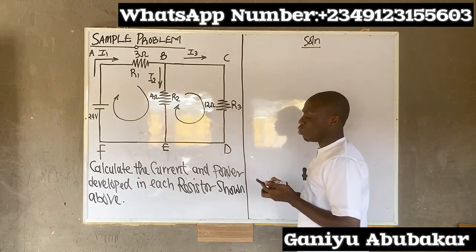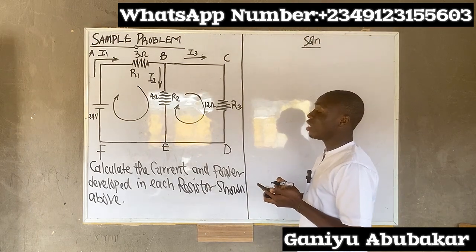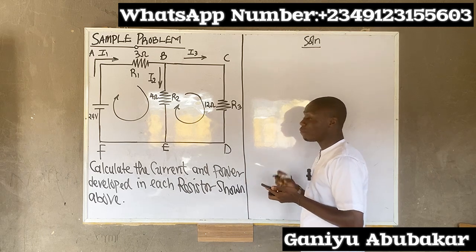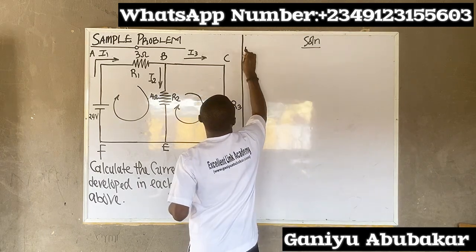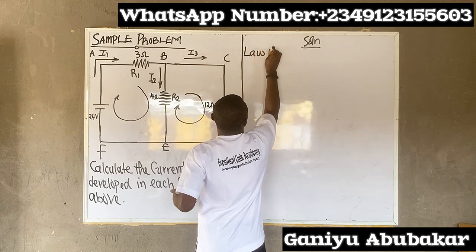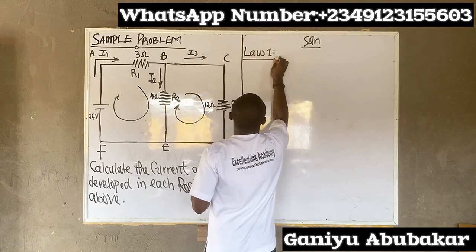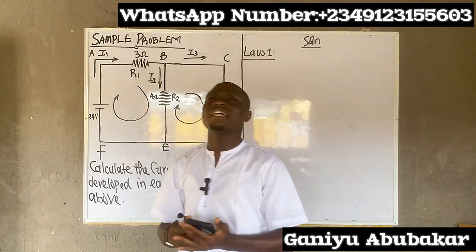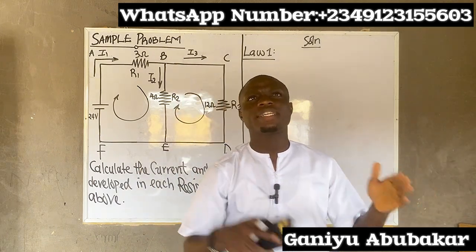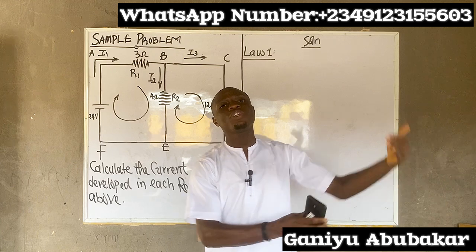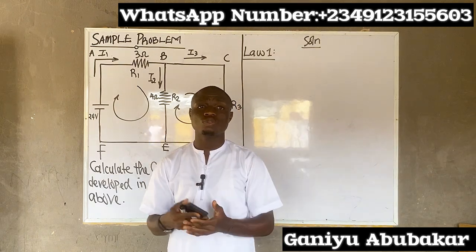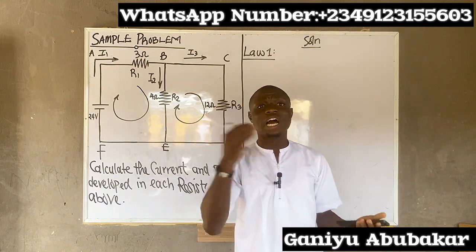Apply my first law, which is known as the KCL, Kirchhoff's current law. Law 1 says that the sum of currents flowing inward must be equal to the sum of currents flowing outwards.